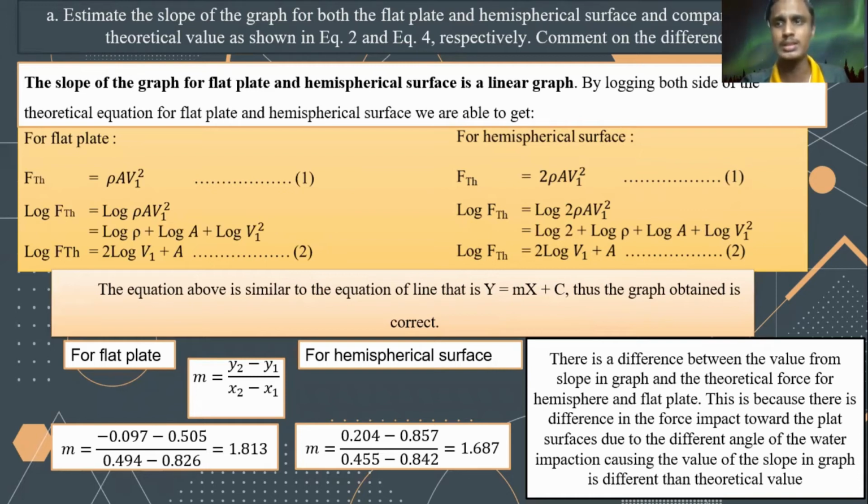By taking the log of both sides of the theoretical equation for the flat plate and hemispherical surface, we are able to get, for the flat plate, log F theoretical is equal to 2 log V plus A, and for the hemispherical surface, log F theoretical is equal to 2 log V plus A. The equation above is similar to the equation of a line, y is equal to mx plus c, where m is the gradient of the graph and c is the intercept on y when x is equal to 0.